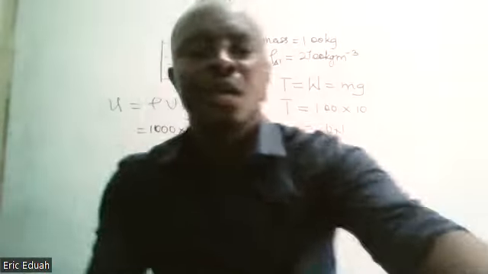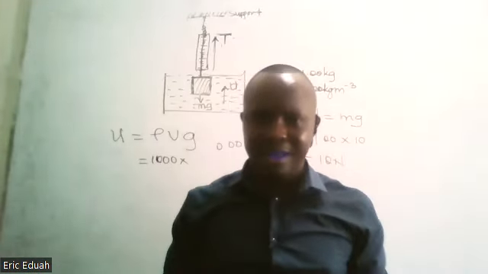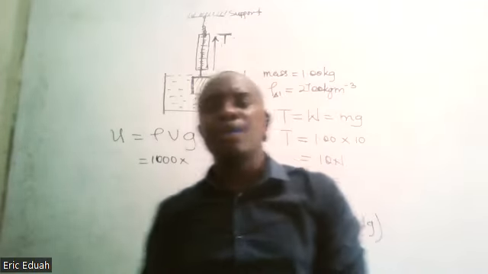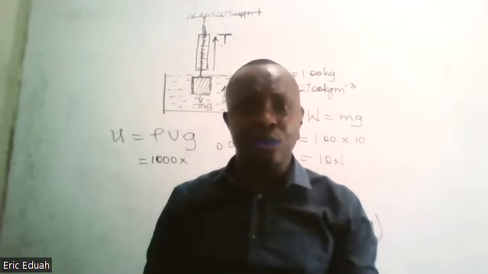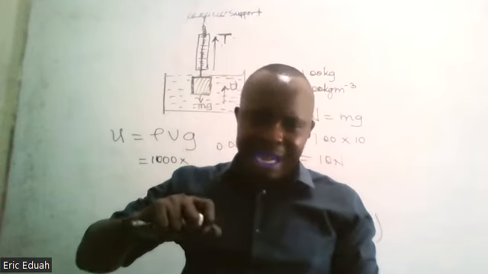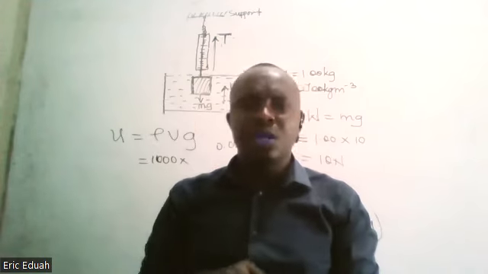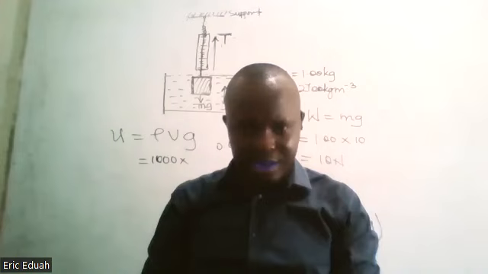Let's go to the experiment. When you were determining the density of irregular objects, you tied an object to a string. You denoted an initial volume V1.